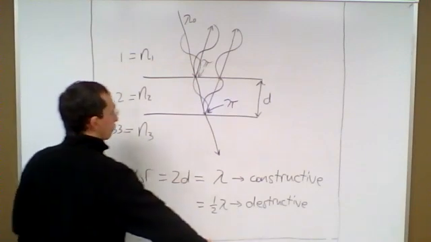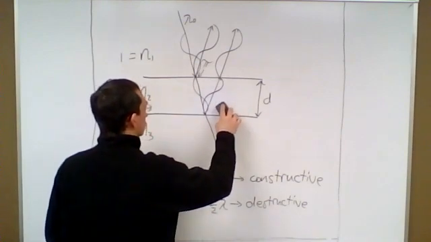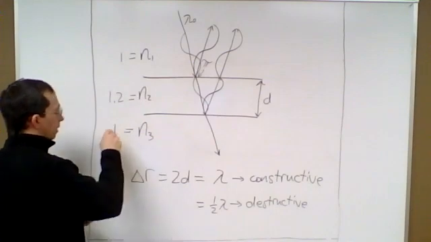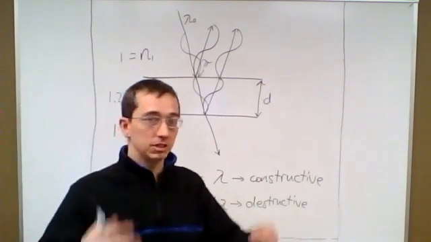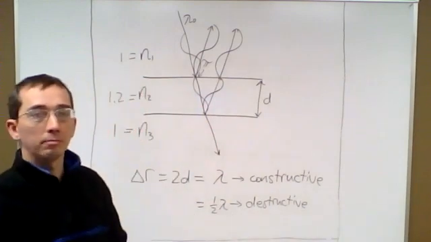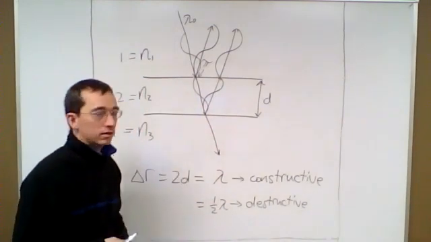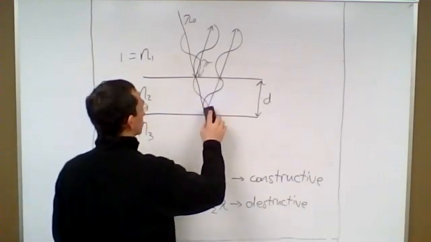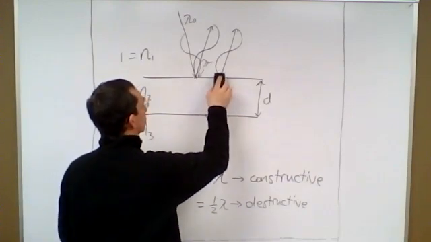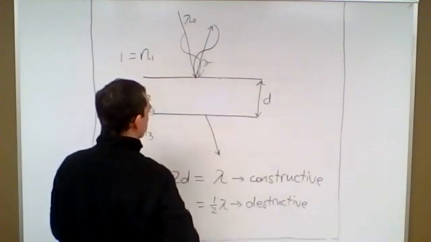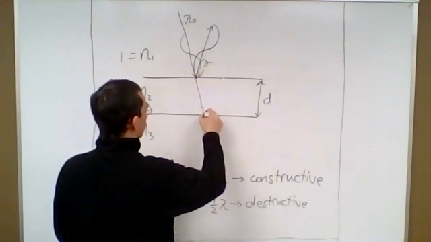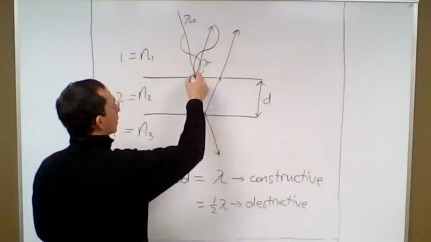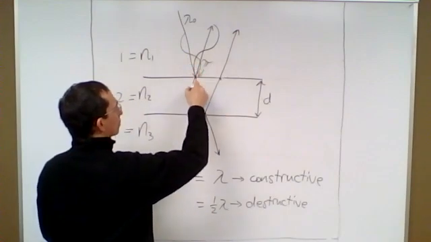But what if we reverse this and make this air again? So like a soap film sitting in air, just a soap film on a bubble. It's sitting in air. So now this ray that comes down here, I'm going to have to erase some of this stuff. Let's clean this all up in here. This ray comes down, this ray goes up, keeps on going.